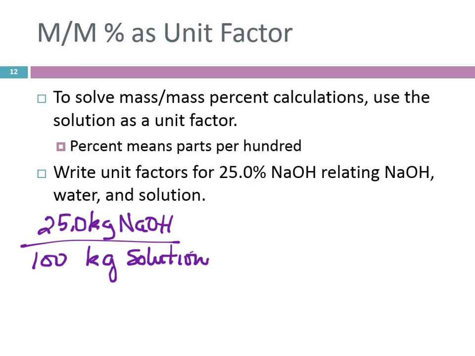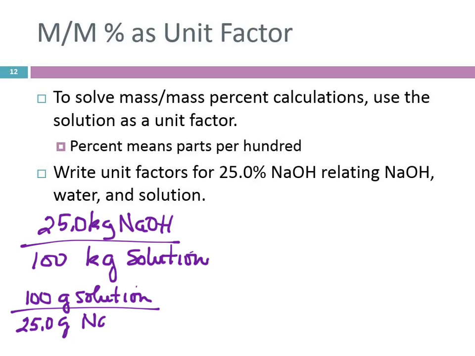The units cancel out. As long as they're the same, we're fine. So that's one unit factor that relates sodium hydroxide to the solution. We could also turn that upside down, right? 100 grams of solution per 25 grams of sodium hydroxide.